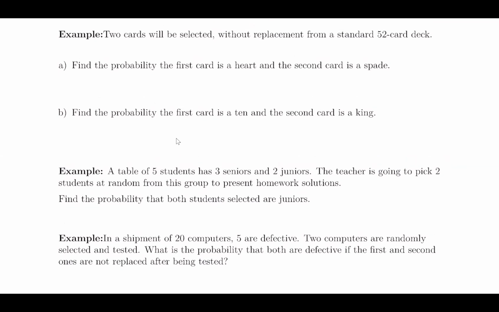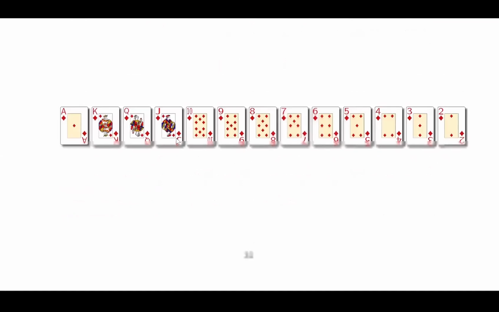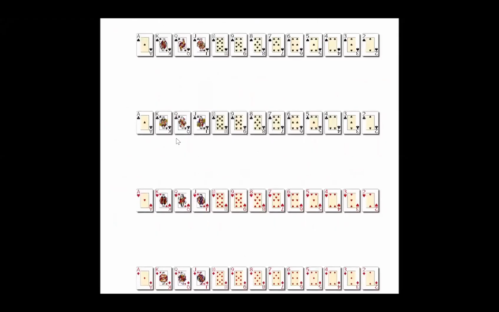So it said 2 cards will be selected without replacement from a standard 52 card deck. So if you don't know about a 52 card deck, if you go all the way to the bottom of the notes, I essentially have all of the 52 cards there, so that way you can learn about them.